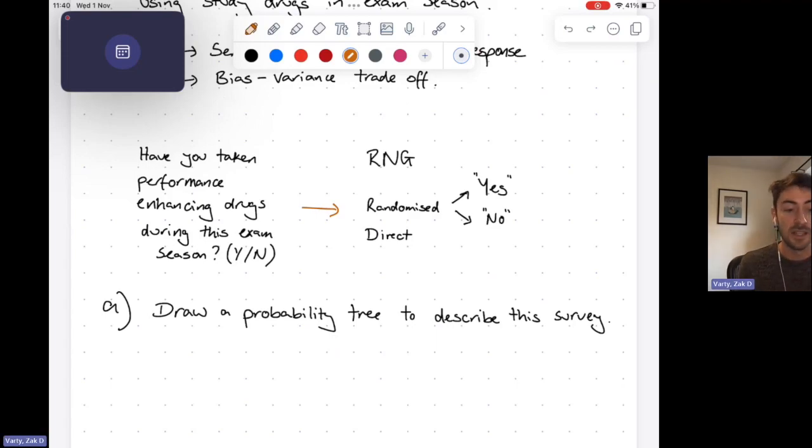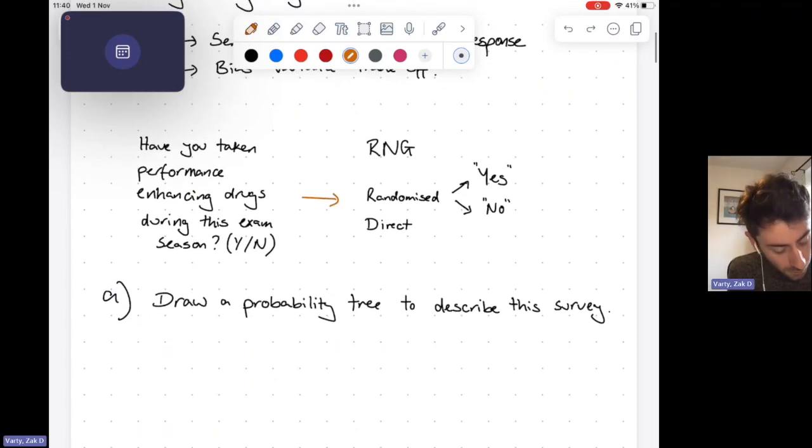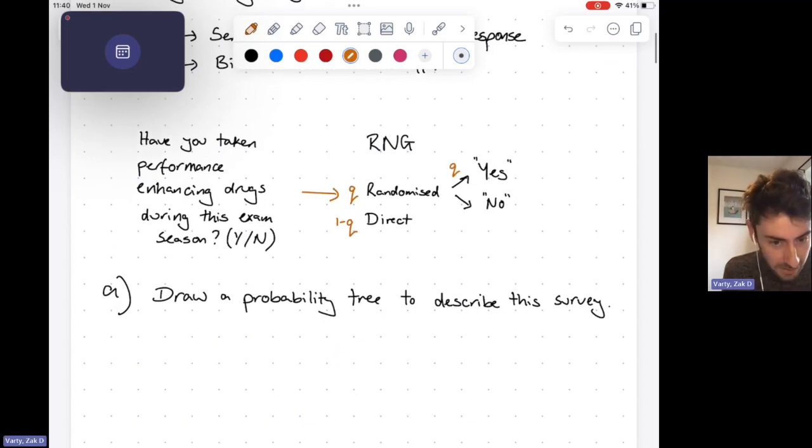The probability of giving a direct response is 1 minus Q, and the probability of giving a randomized response is Q. From a second draw, those people in the randomized response category are going to reply yes with probability Q, and they're going to reply no with probability 1 minus Q.